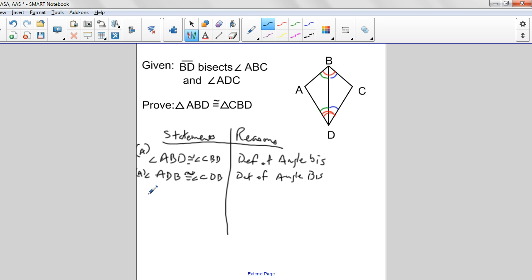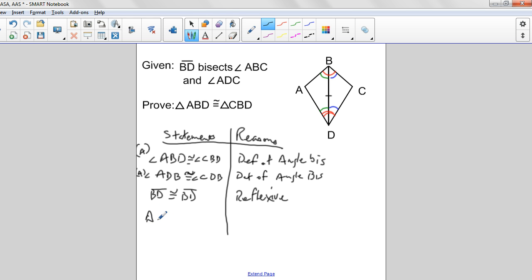Okay, so the included side would be this segment in between. So if we got this angle, then we'd have to go with this side and that angle. This is angle, side, angle. Same thing on this side of the triangle, angle, side, angle. So let's do the included side. BD is congruent to BD. Okay, and that is reflexive, as we talked about before.